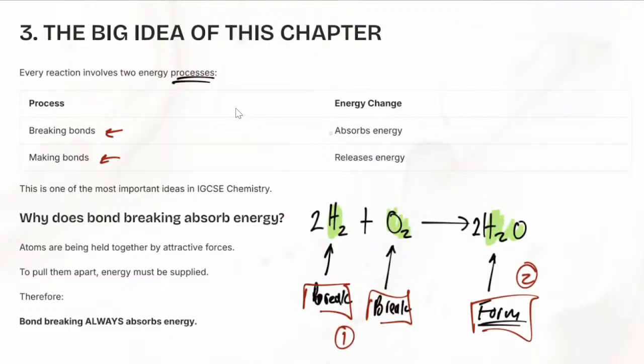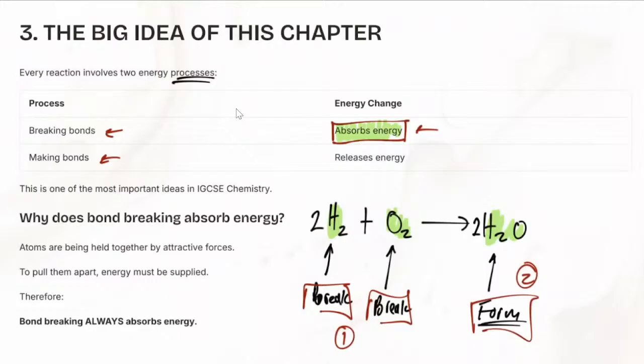Bond breaking, whether the reaction is endothermic or exothermic: to break anything, you need to put in some energy. You want to break a stick? Put in some energy. If you want to break a bond, you need to supply energy. So bond breaking takes in energy.